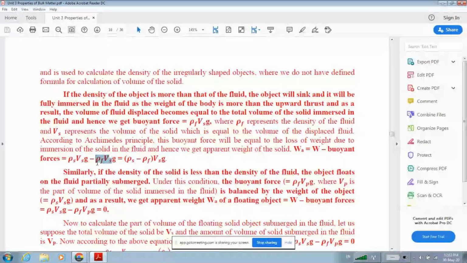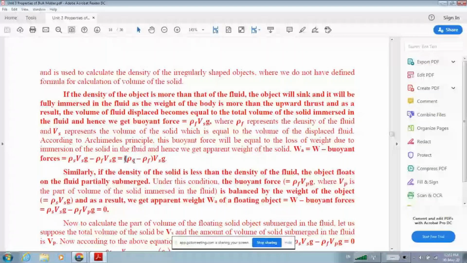So ultimately, taking Vs into g common, we will get (rho s minus rho f) into Vs into g. So this is the apparent weight in case of an object fully immersed in the liquid. Apparent weight in case of a solid fully immersed in the liquid.